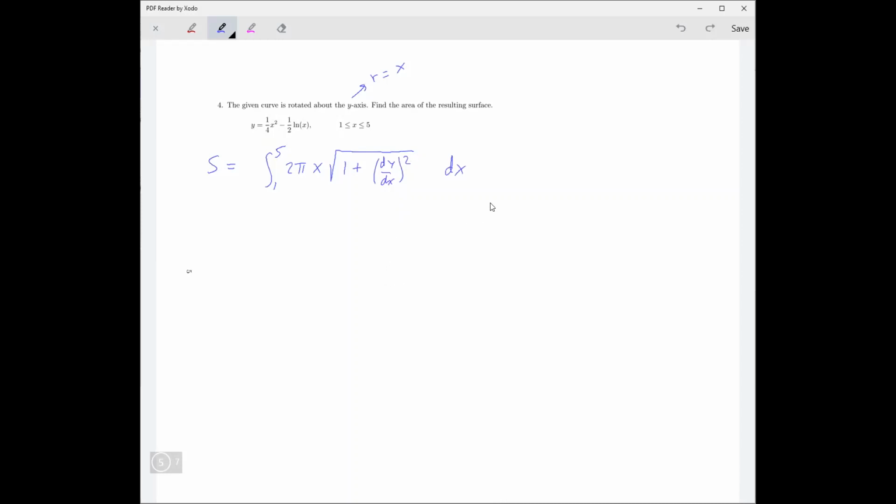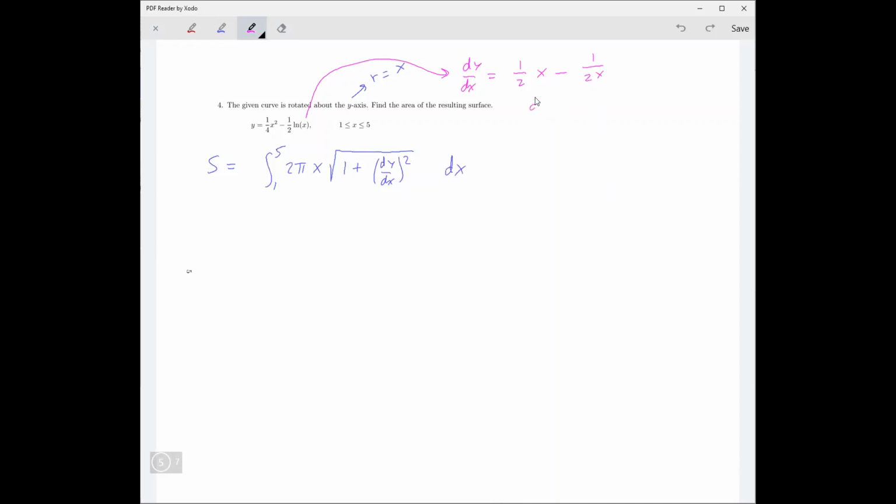Okay, so let's calculate dy dx first. So 2 comes down and makes it 1/2. So we have 1/2 x minus, and the derivative of log is 1 over x, so that's 1 over 2x.